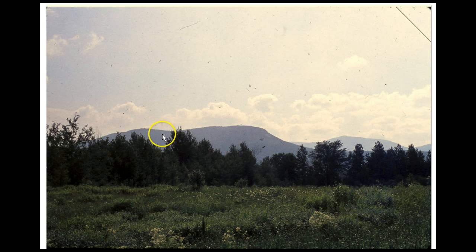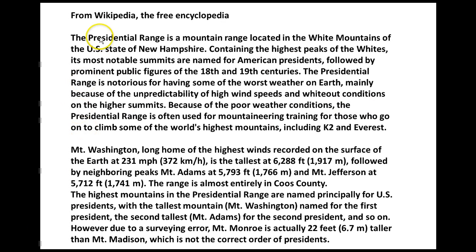Now we're looking at what is called the presidential range. And I have a little background slide that I want to show you. I went to Wikipedia, and they will get credit for this.